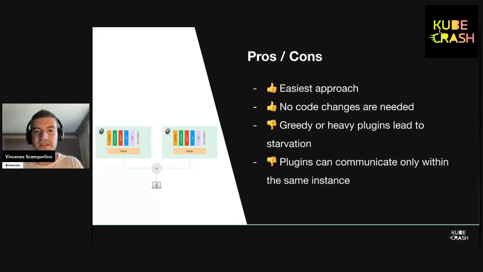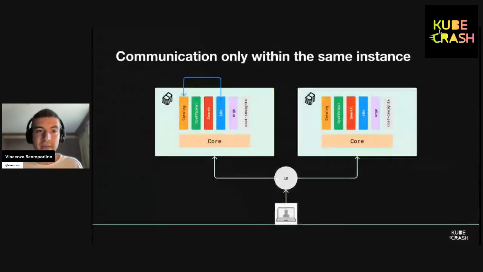The other issue is that plugins can only communicate with other plugins within the same instance. Remember, we haven't customized Discovery Service so far. For example, if the Kubernetes plugin wants to retrieve some data from the catalog, it can only reach out to the catalog client that is present in the same Backstage instance. So this approach has some drawbacks.